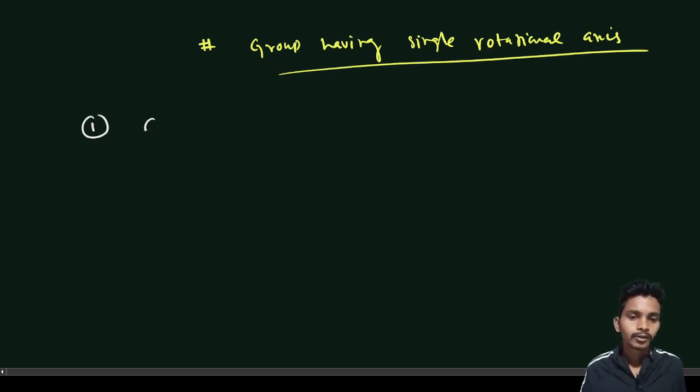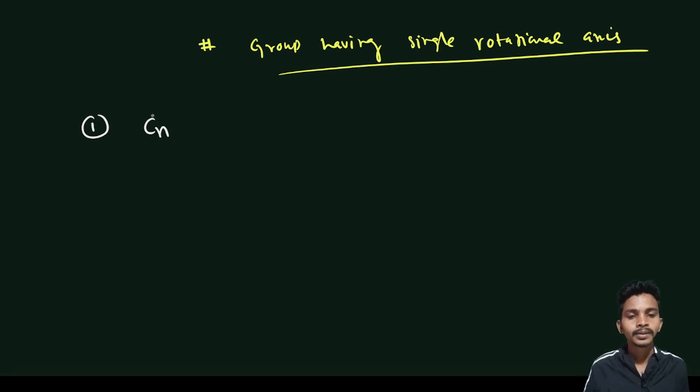The first group we take is Cn, meaning one rotational axis Cn. So in this group, what are the symmetry elements? E is present to all the elements. So you know that it is a group, meaning it has to follow the group rules. In the group rules we say that E should be present, which commutes with all other operations. Okay, so this is the first element.